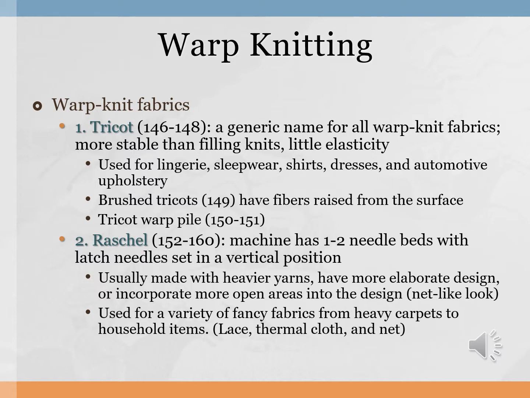You'll see Rochelle knits used for a variety of fancy fabrics, everything from heavier weight carpets to lightweight household items like thermal cloths. You can see examples of Rochelle knits in your textile kit swatches 152 to 160.